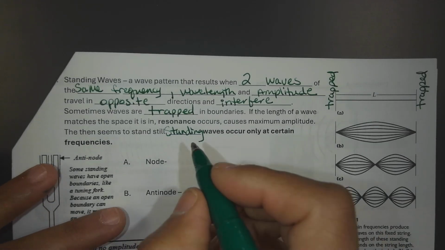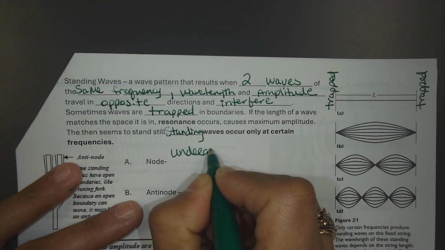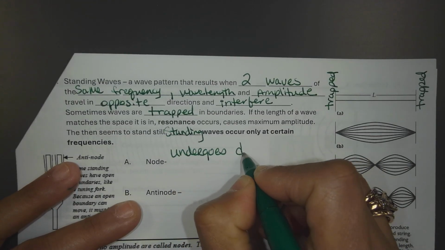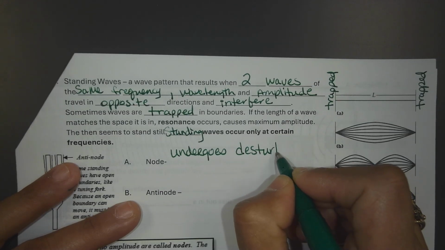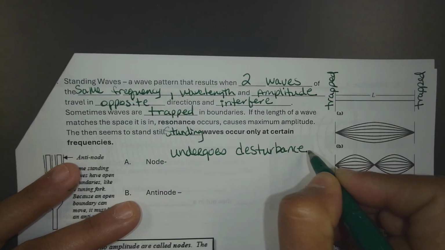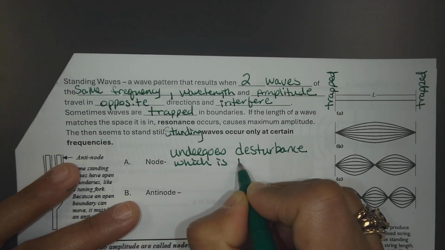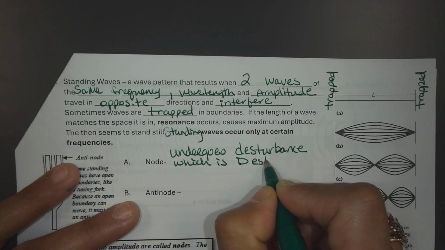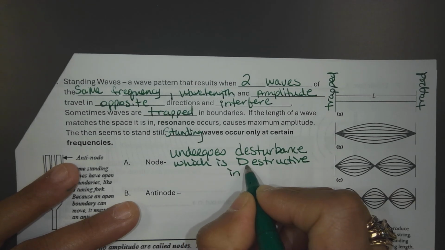The node portion is going to be when it undergoes disturbance, which is destructive interference.